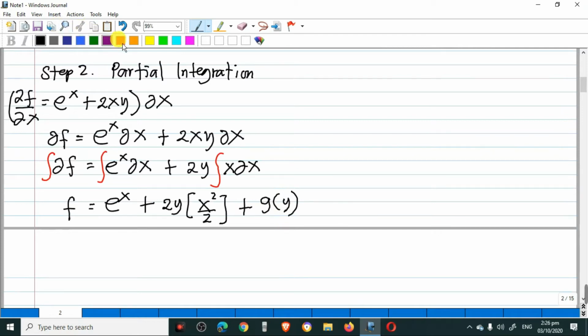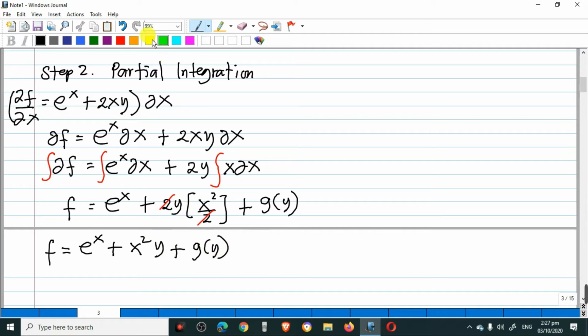So, this is now equals to, cancel out the 2 here. To simplify, our value of equation number 3, f is equals to e raised to x plus x squared y. I arranged it already. Plus our constant g(y). And this is our equation number 3.